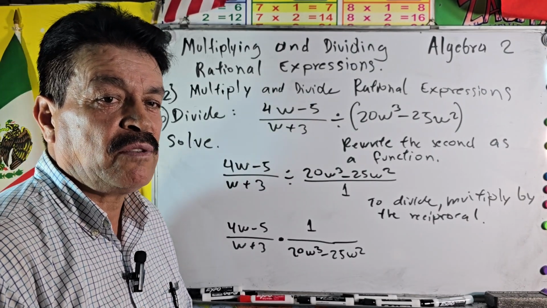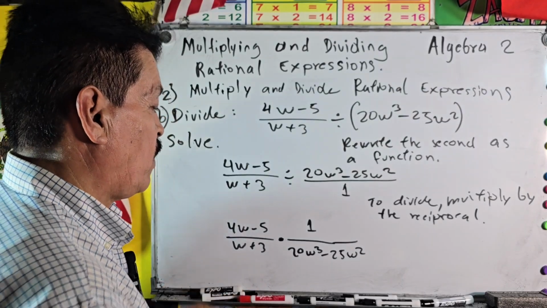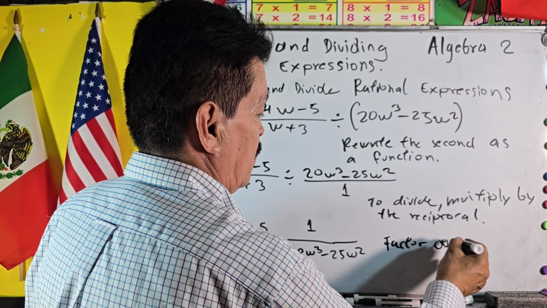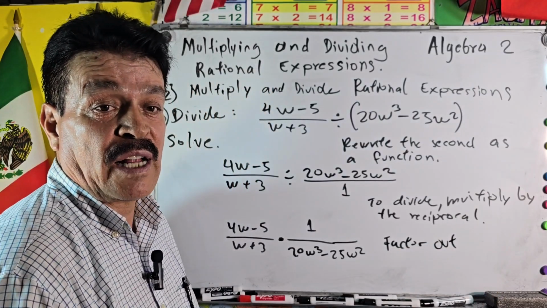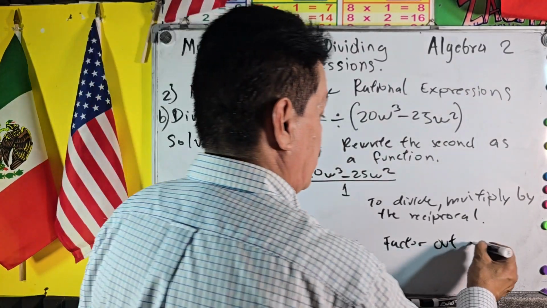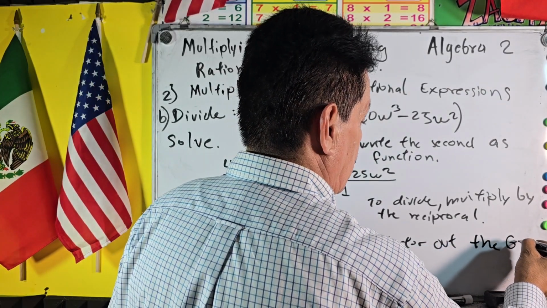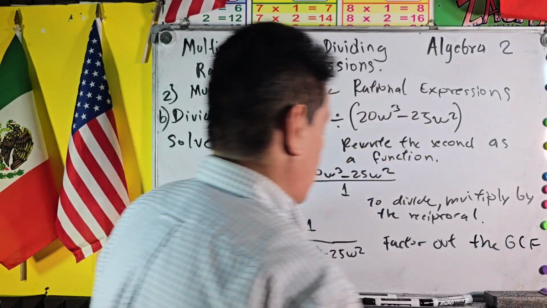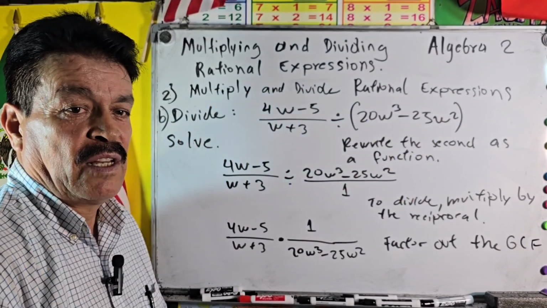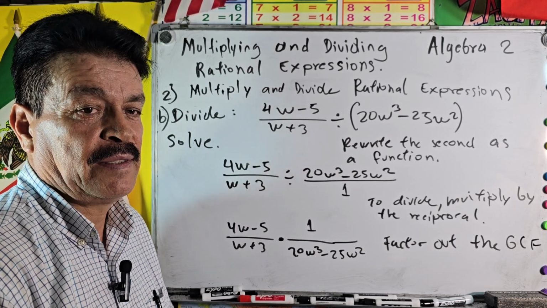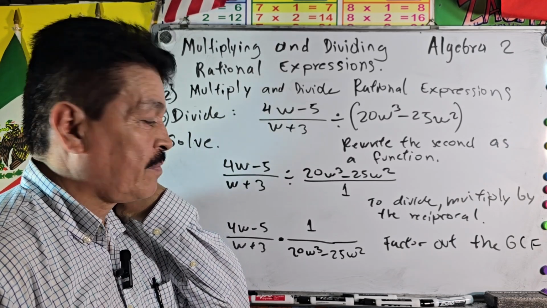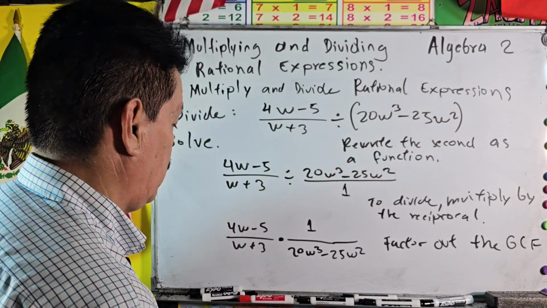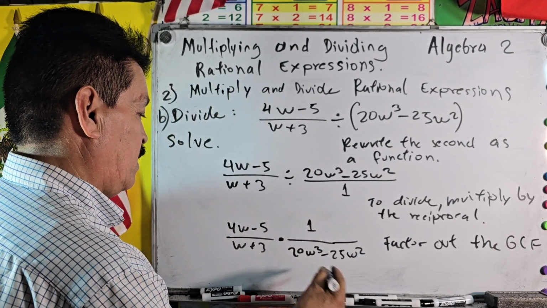Now we have to factor out the CF. You factor out in the bottom here.